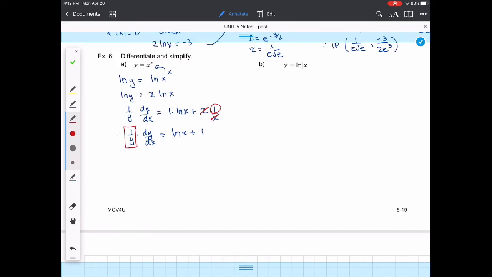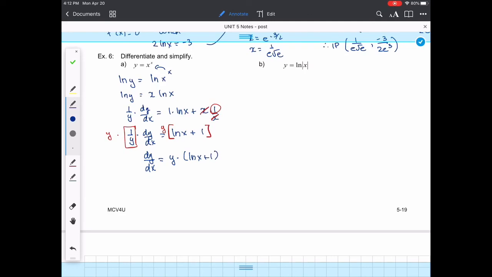Now, the goal here is to get rid of the 1 over y. So what I'm going to do is multiply this side by y. Whatever I do to this side, I do the same thing to the other side. So if we think about that, the y's will cancel out. And what we're going to have is our dy dx, and we have y times the ln of x plus 1. We really can't leave it that way, right?